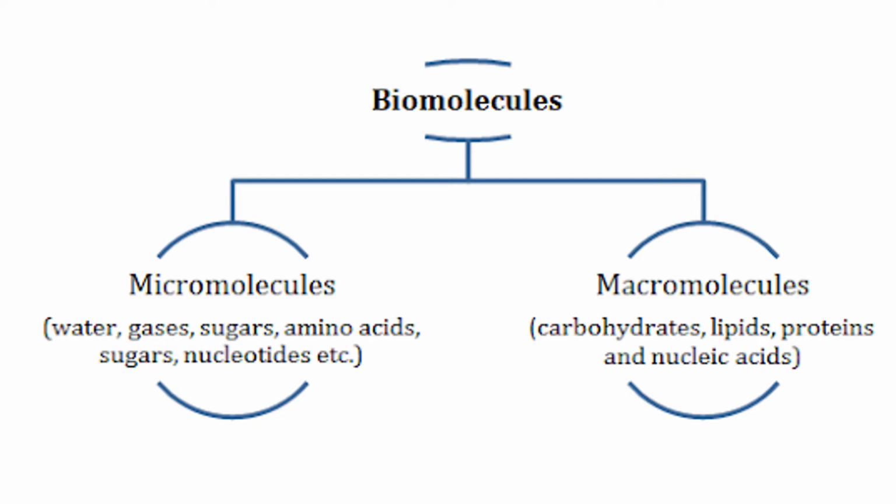Micromolecules include water, gases, sugars, amino acids, nucleotides, etc. Macromolecules, of larger molecular weight, are carbohydrates, lipids, proteins, and nucleic acids. Carbohydrates are made up of sugars, proteins are made up of amino acids, and nucleic acids are made up of nucleotides. So macromolecules are in turn made up of micromolecules.